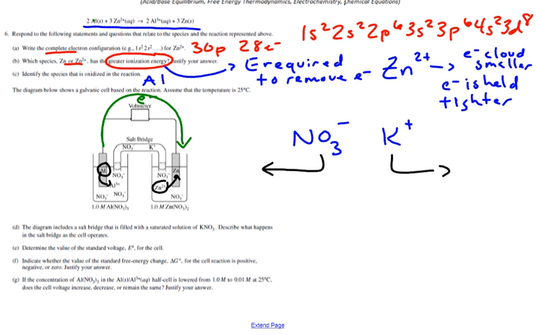You cannot get overloaded or lose charge, or your cell will die. Okay? So you might have just been able to do an arrow, but it says described, so you have to talk about it. So again, just realize if you're gaining or losing, the salt bridge is there to counteract, either to offset it or to replace the missing amounts.